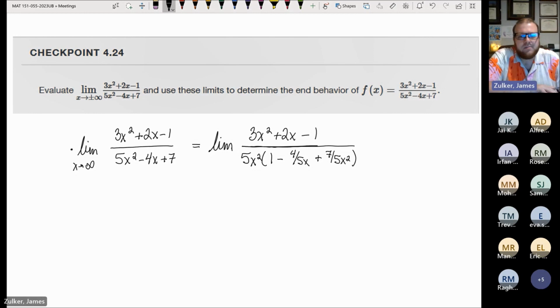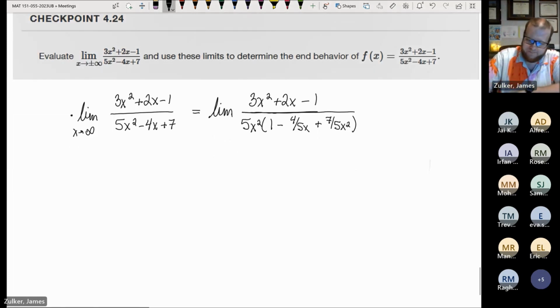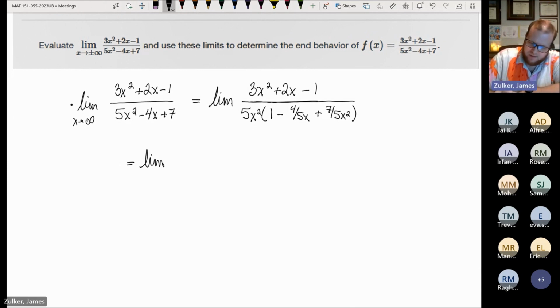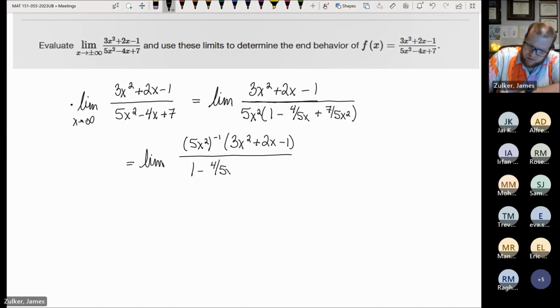We're going to be left with 1 minus 4 over 5x plus 7 over 5x squared. Move that leading term up to the numerator.